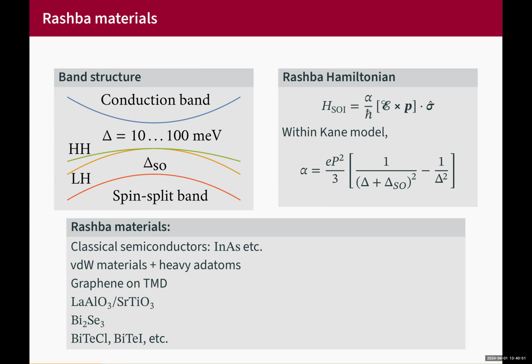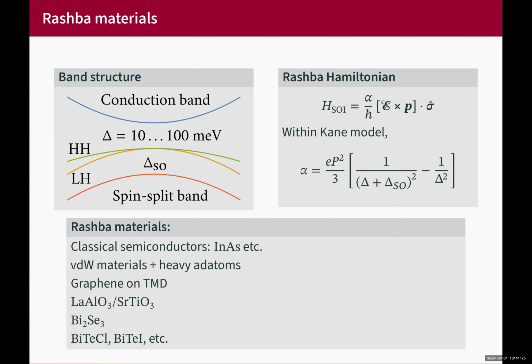Rashba interaction is produced by any electrical field external to the crystalline lattice, external to the crystalline periodic potential. This can be, for example, in systems with broken inversion symmetries, some kind of built-in electrical field, like when you have an electrostatically confined electron system, like electron gas in a two-dimensional quantum well, where this can be the gradient of the confinement potential.